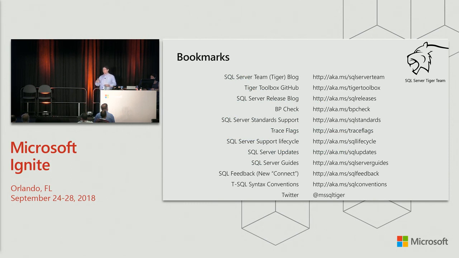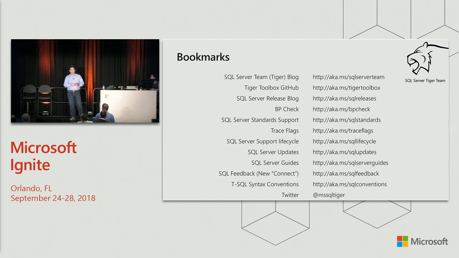This is something we've accrued over time because the underlying URLs for, for example, the trace flag page, or where to get information about the latest updates for SQL Server, or the SQL Server guides that have a lot of information on the internals of SQL Server, those are ginormous URLs. So we've created these smaller bookmarks you can go into. We obviously have the SQL feedback site. That's the new Connect, quote unquote.